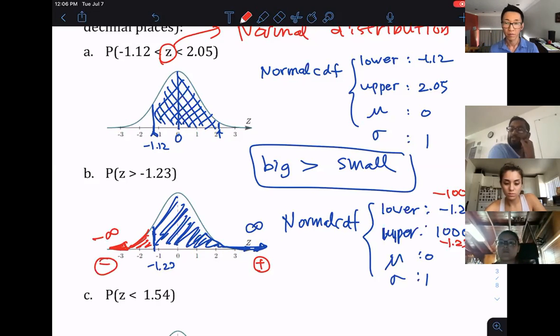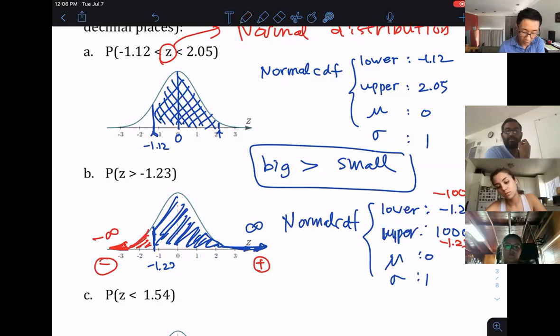If your graph looks like this, your upper is going to be just 1,000,000. It has to be a big enough number, significantly bigger than this part.